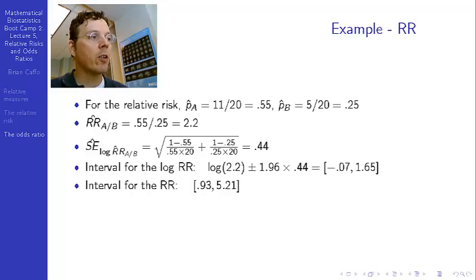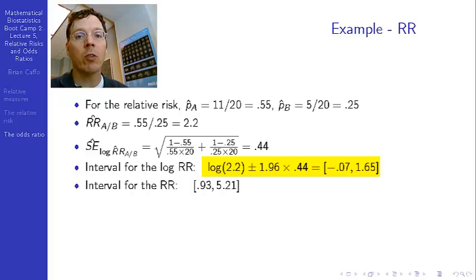Okay, so let's calculate the standard error of the log relative risk. Here I plug into the formula, I get 0.44. The interval for the log relative risk is then log 2.2, log of our relative risk, plus or minus 1.96, the standard normal 97.5th quantile, times 0.44. That gives us negative 0.07 to 1.65.